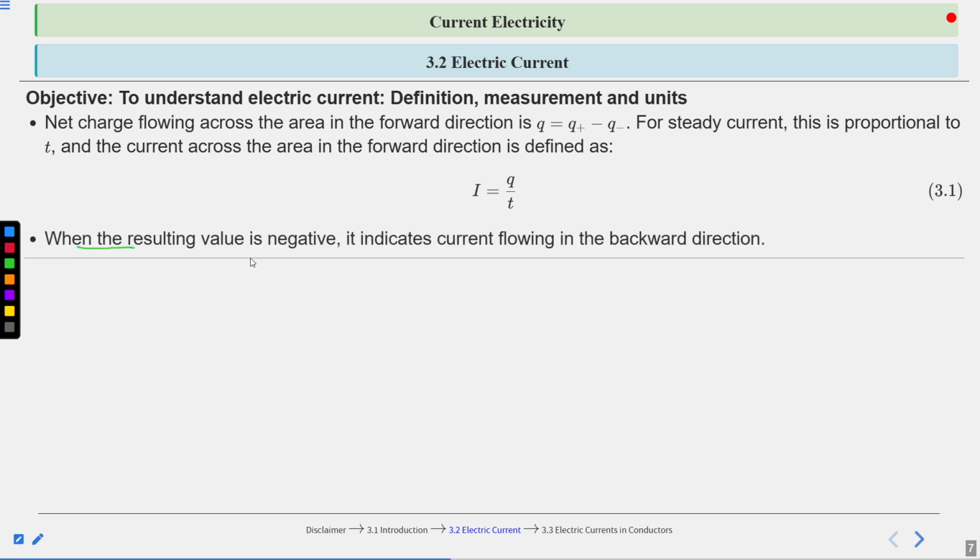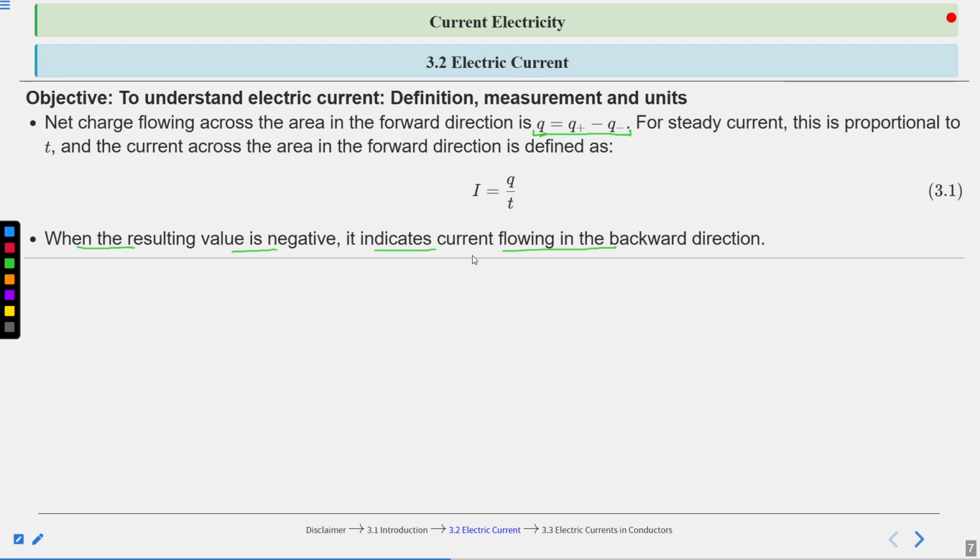When the resulting value is negative, it indicates current flowing in the backward direction. This Q equal to Q positive minus Q negative: if the resulting net Q is negative, then it means current is flowing in the backward direction. So why would it be negative?